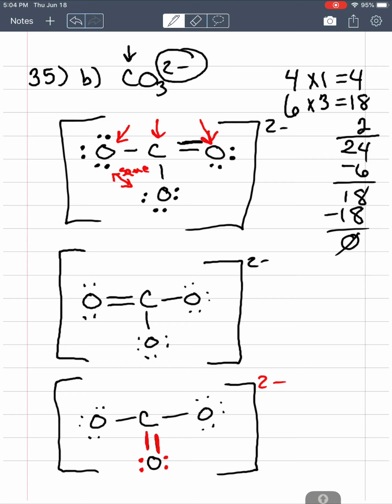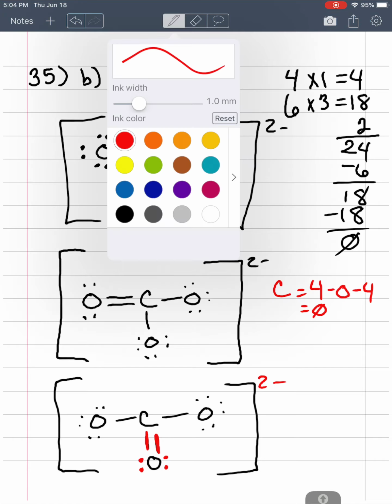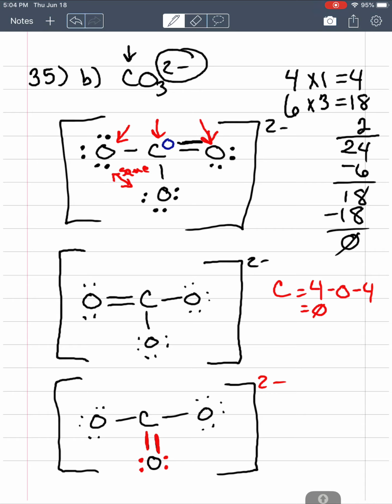So let's go and start with carbon. It has 4 valence electrons, no lone pair electrons, and 4 bonds. So carbon is 0. So I'm going to put a little 0 by the carbon.